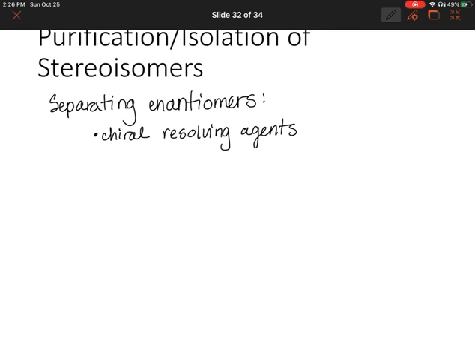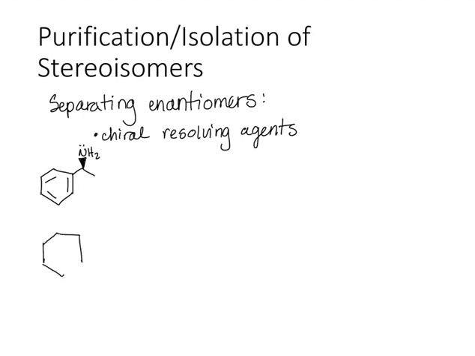So what we could do, for example, let's say we have this molecule. So this is an amine, and let's draw its enantiomer. So again, we could either crystallize these and then use a microscope and some tweezers to separate all of the different crystals, or we could react these two with something called S-maleic acid.